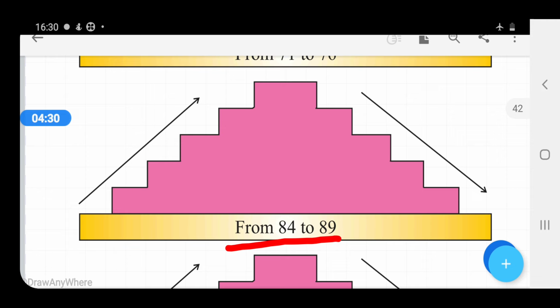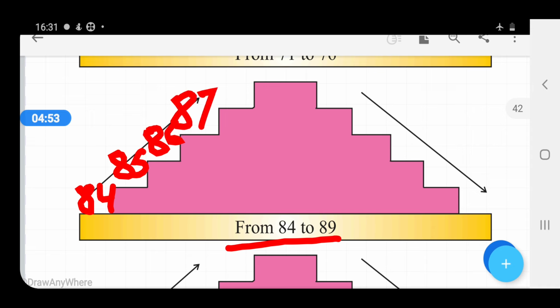Okay, so let's start writing the numbers in the left side of the picture and start from 84. 84, 85, 86, 87, 88, and last one 89.